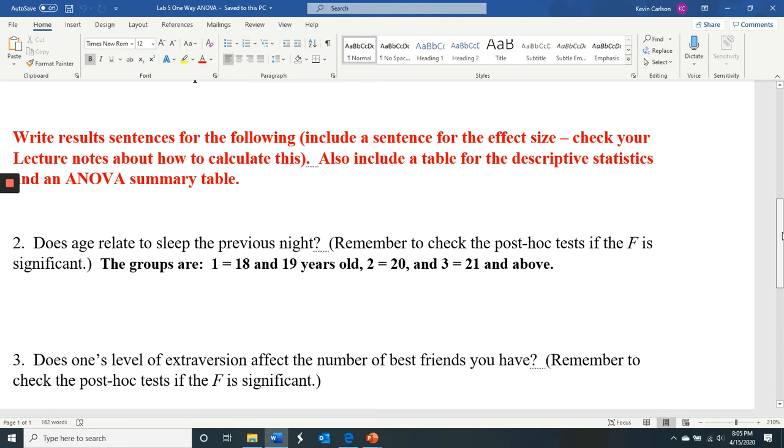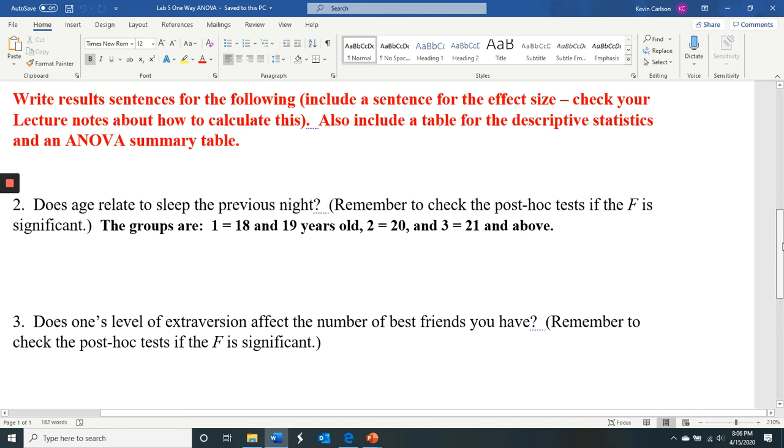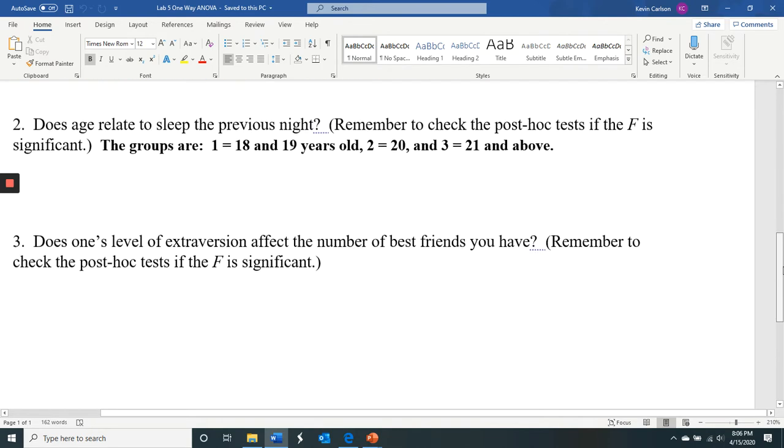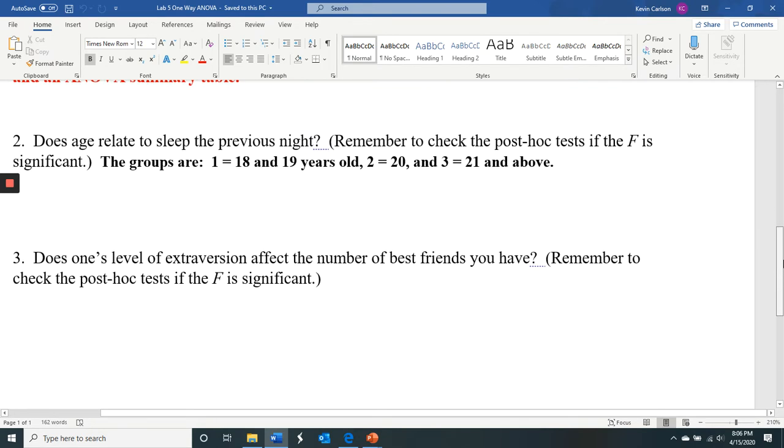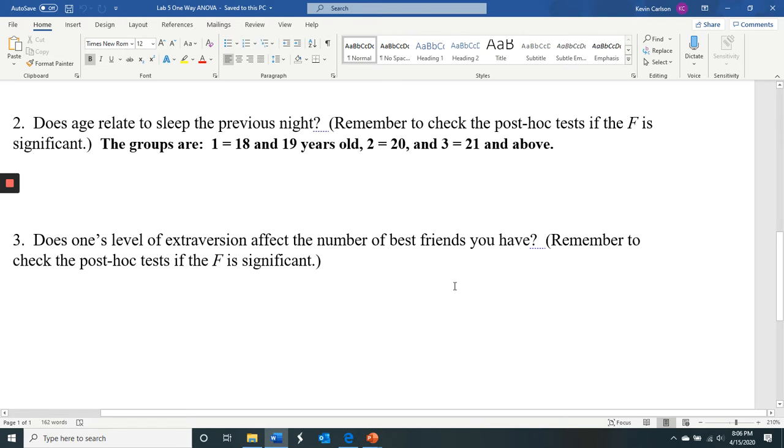We want to include a sentence for effect size, but we aren't doing a confidence interval. We don't talk about that in the ANOVAs, in some ways because it would be fairly complex. And make sure to have our tables for descriptives and standard deviations and the ANOVA summary table.